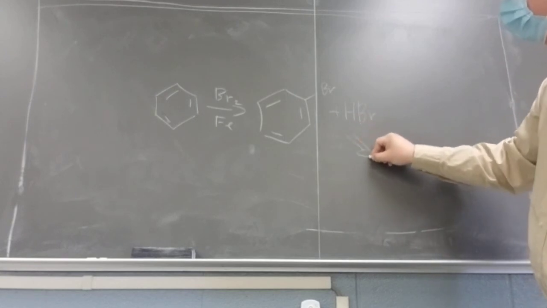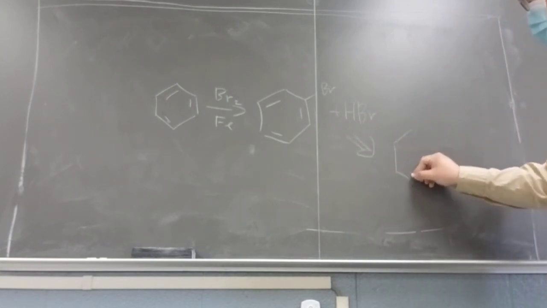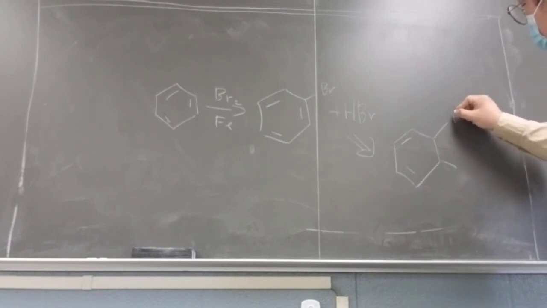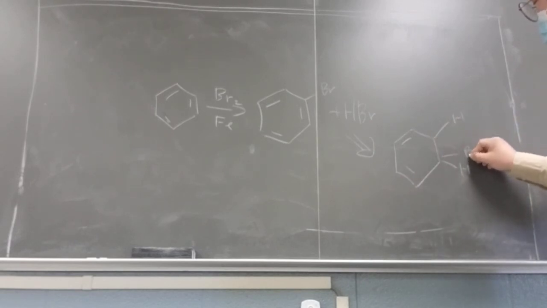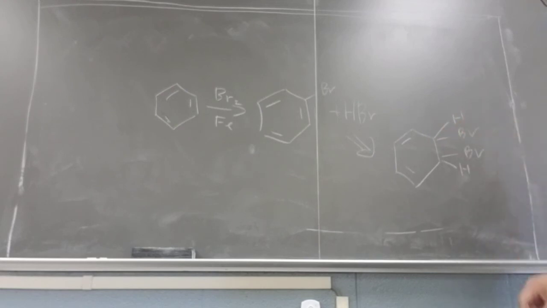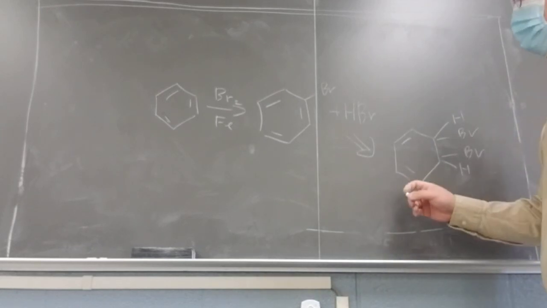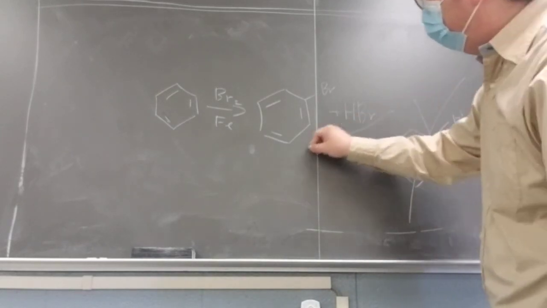But however hard they tried, they couldn't do this one. Which you can do, if you remember, with the alkene and alkyne, right? But this one was not possible, only up to here.